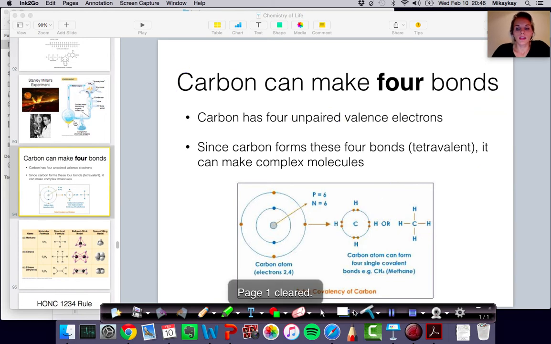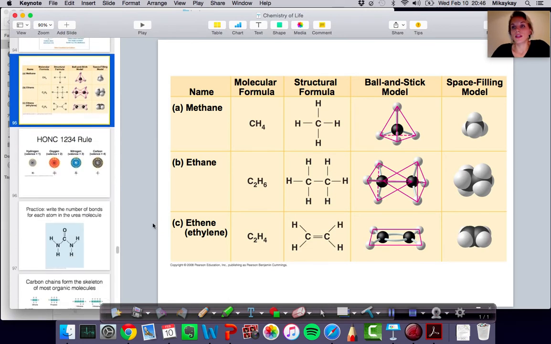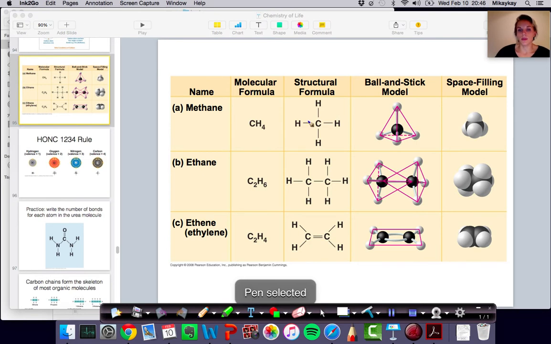So, some examples of the different types of compounds, or the different ways that carbon can make these 4 bonds, is it obviously can just bond with 4 separate things. Right here in our methane, which has a molecular formula of CH4, we see that carbon makes 4 bonds, one with each 1 hydrogen, right? 1, 2, 3, and 4.